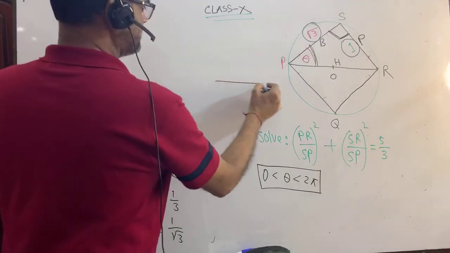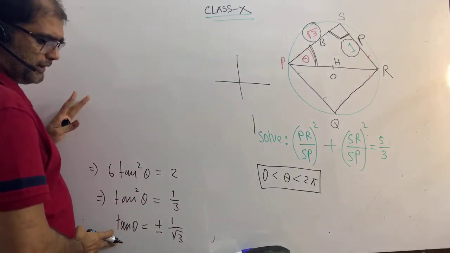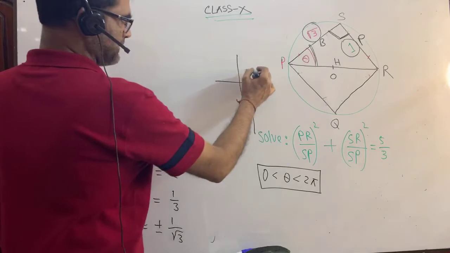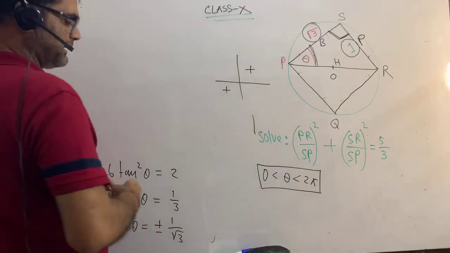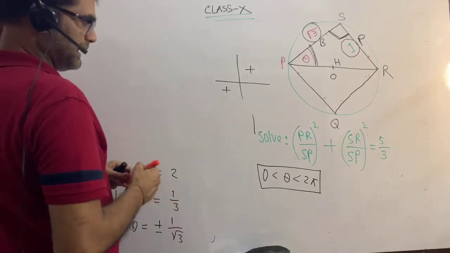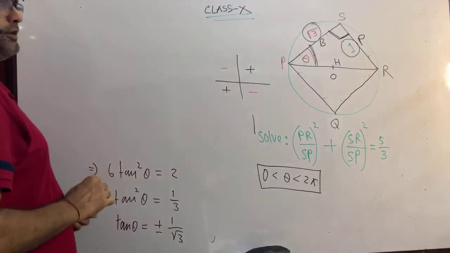Here you see it is tan theta, right? And tan theta is positive in the first quadrant and in the third quadrant. Tan theta is negative in the fourth quadrant and in the second quadrant, right?